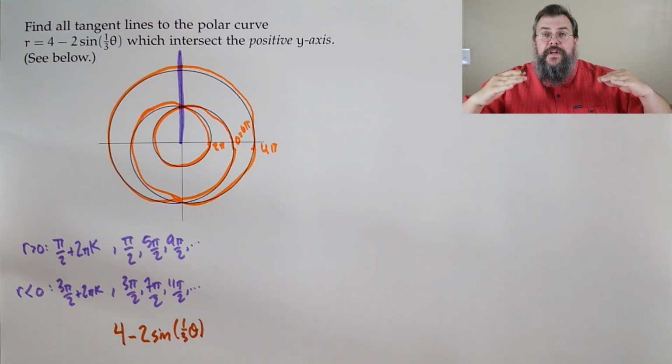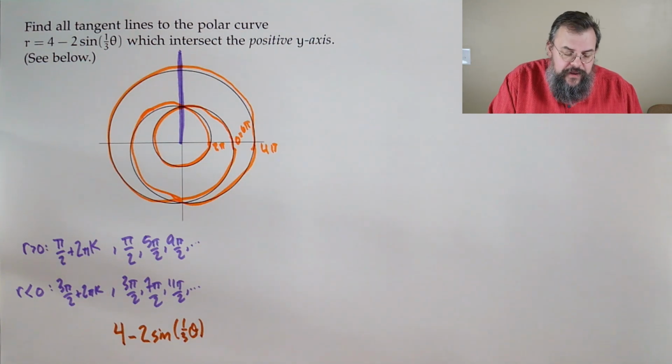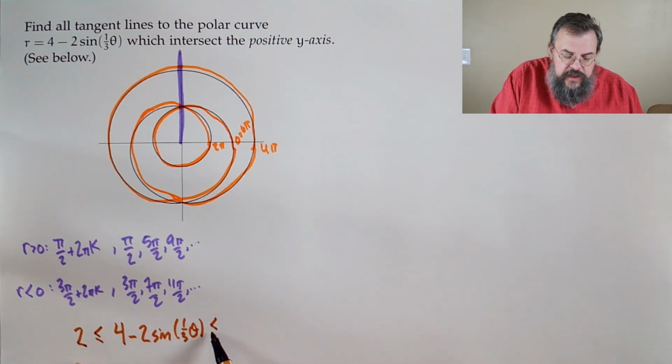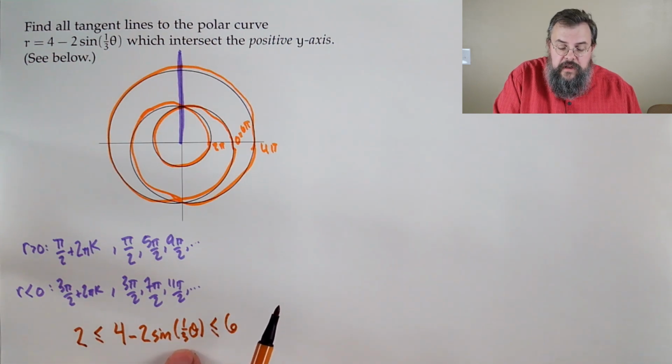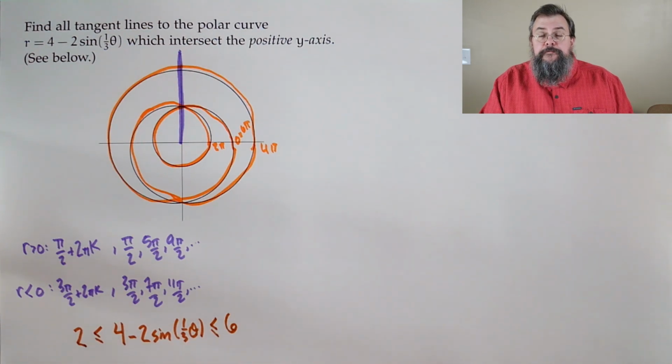So where does it go between? Well, it goes between -1 and 1. So that tells us, look, the smallest this can ever be is 2, and the largest this could ever be is 6. 2 would be when the sine of 1/3 theta is 1, 6 if sine of 1/3 theta equals -1.